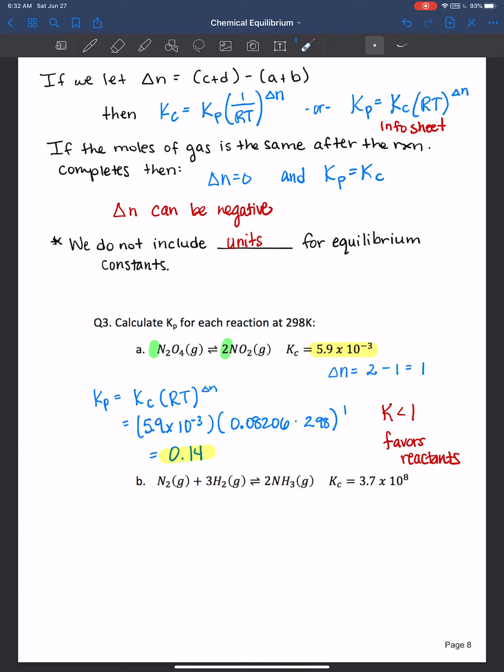Now, in this case, in terms of partial pressures, it's not a whole lot less than 1. So there definitely will be some products left over, but looking at the Kc here, this definitely has a considerable amount more reactants than it does products.